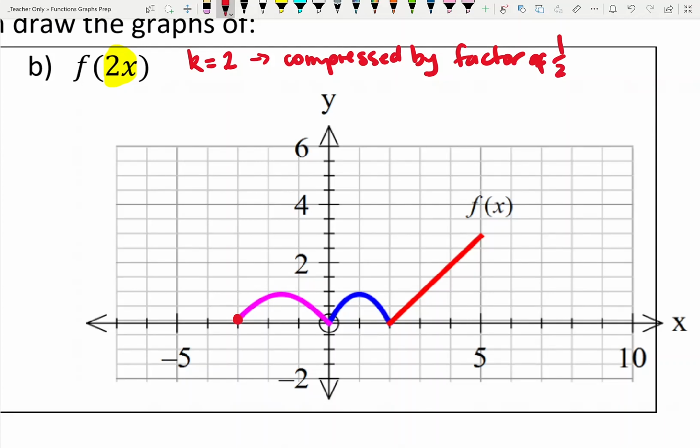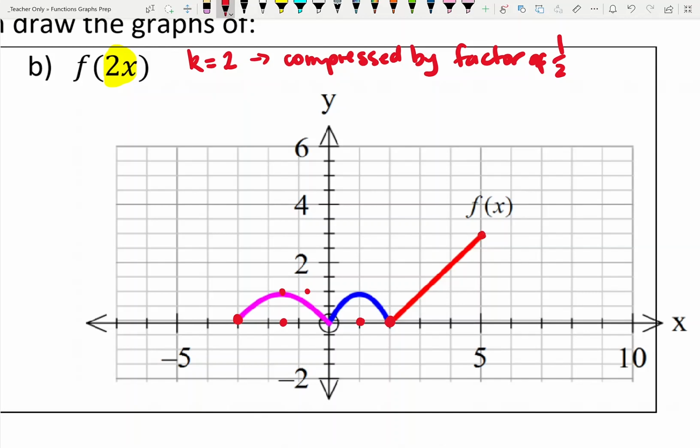So starting from the left, we've got this position here at -3, 0. The -3 gets halved to -1.5. The 0 stays the same. This maximum here is at -1.5, so it gets halved to -3/4. This x-intercept gets halved to 1.